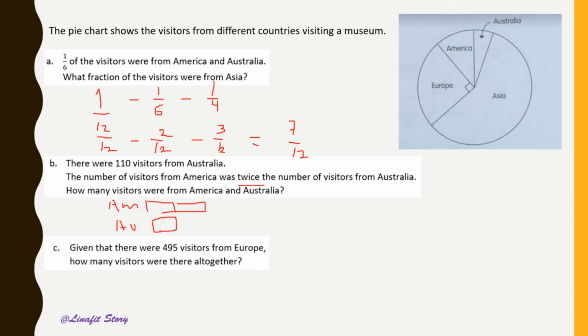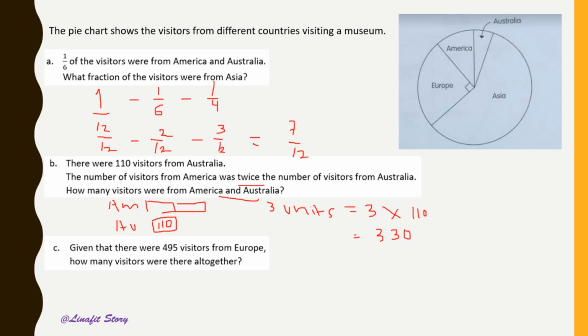There were 110 visitors from Australia. So how many visitors were from America and Australia? So 3 units is 3 times 110 gives us 330.